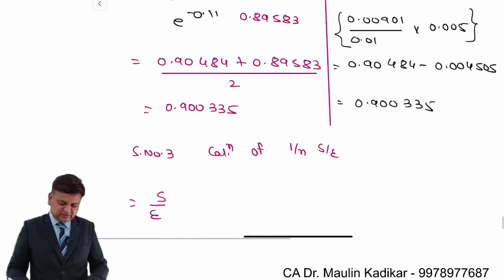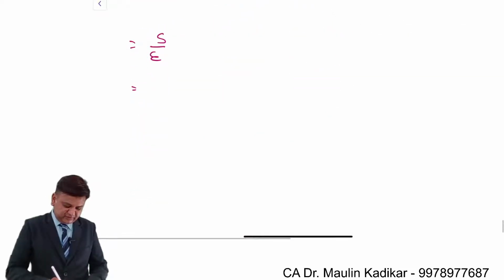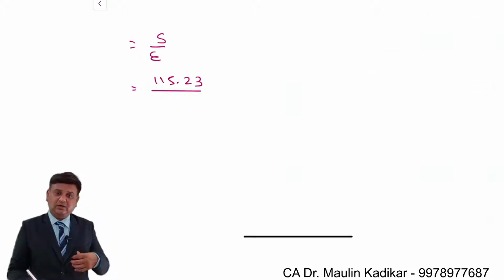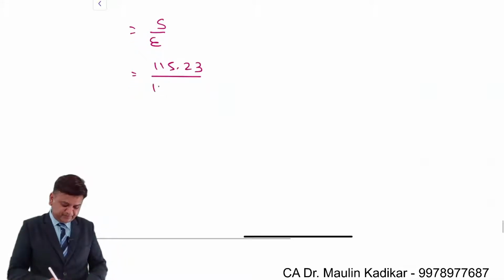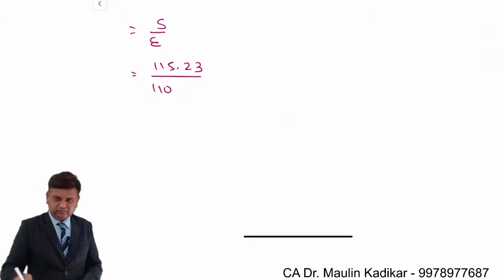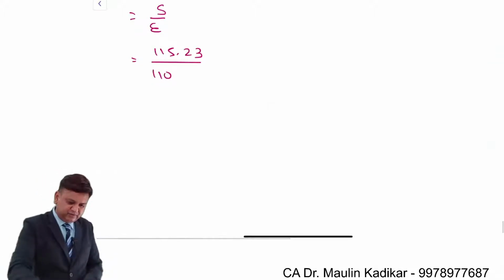Throughout the question we will use this 115.23, as if we have not been provided with the dividend information at all. We have to use the revised spot price throughout the question, divided by exercise price 110.